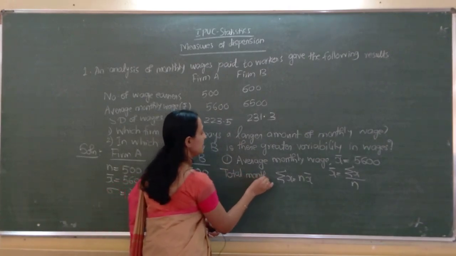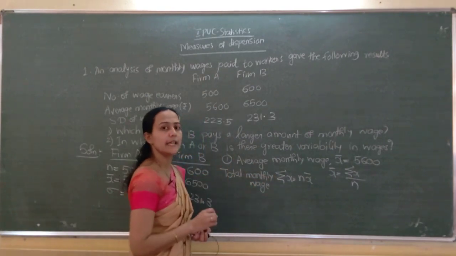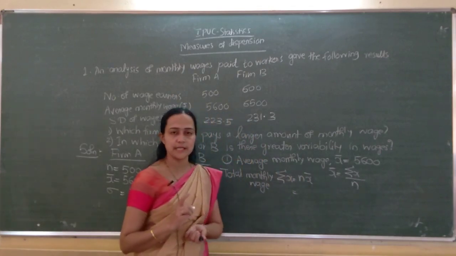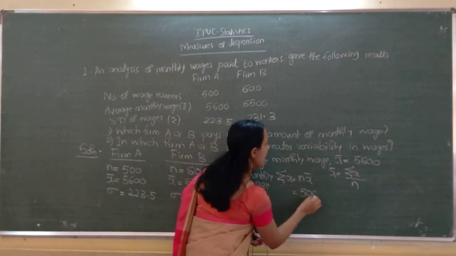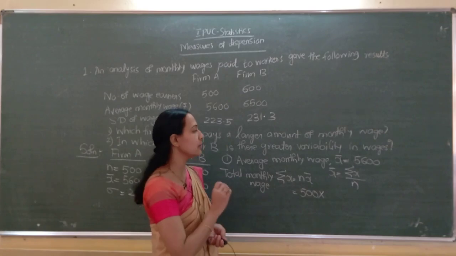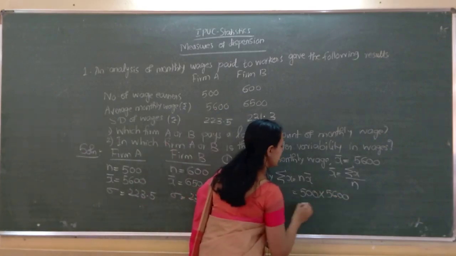Here n means the number of observations. The number of observations in the first firm is 500 and x bar is directly given there, x bar equals 5,600, isn't it?